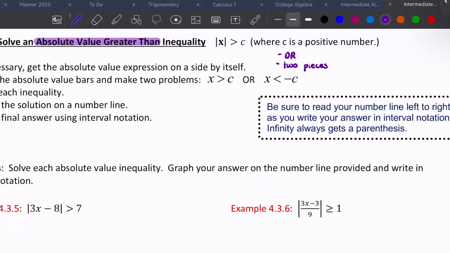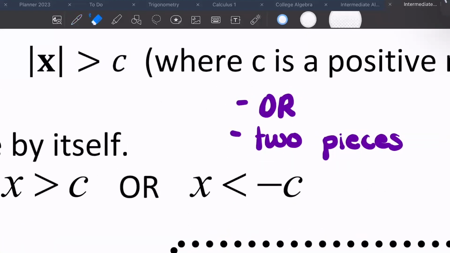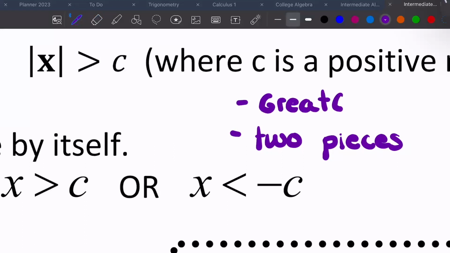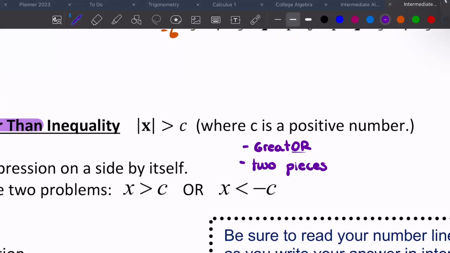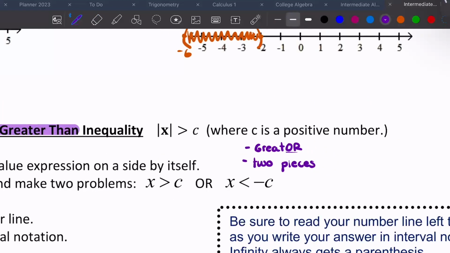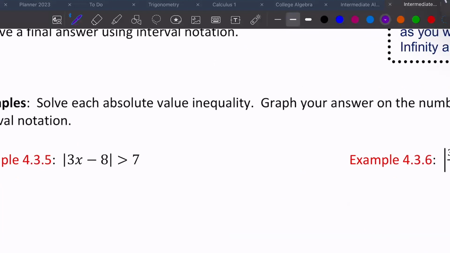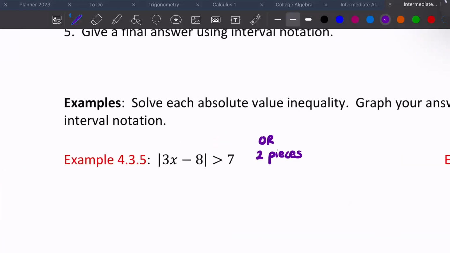And I can write that up here. That's how I remember it. Greater than. Less than, greater than. Or statement. Two pieces. I need two pieces.